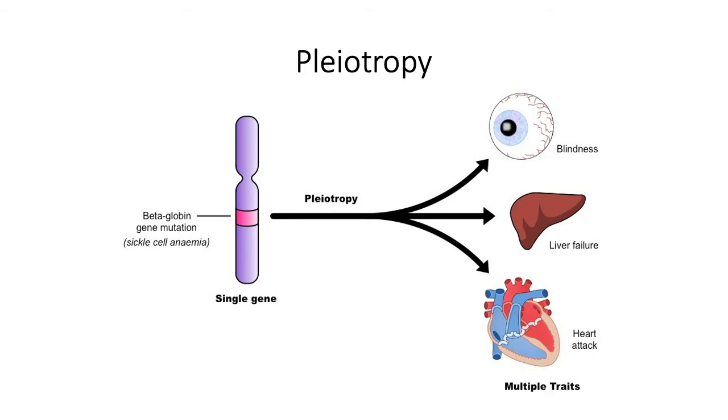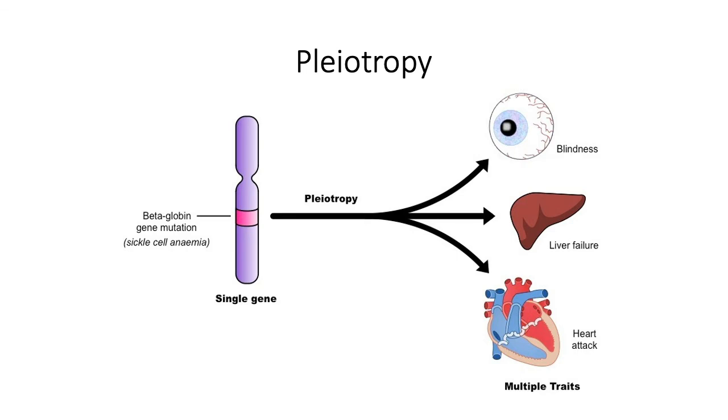They can start to form a crescent moon shape. There is a farming tool with a curved blade that is used to cut grain that is referred to as a sickle. So that crescent moon shape, or that sickle shape, is what gives the disease sickle cell anemia its name.